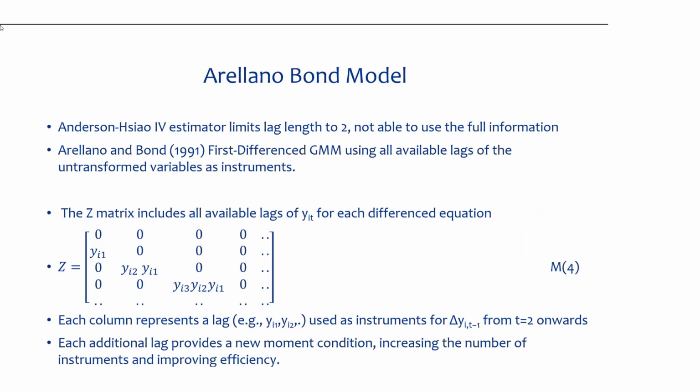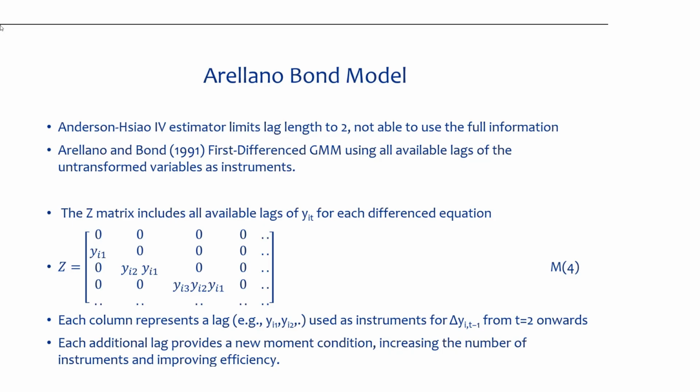That's where Arellano-Bond comes into the picture. Okay, what they are suggesting is that let's start with this model, the equation number 5, the first difference model. And then we will create instruments from this particular model. How are we going to create instruments? This is the way they are going to create instruments, using all available lags of the untransformed variables.